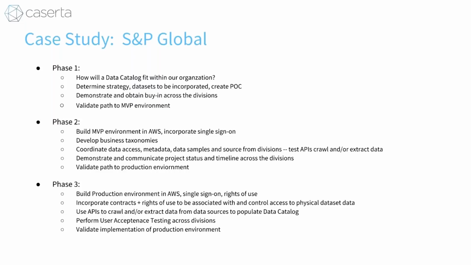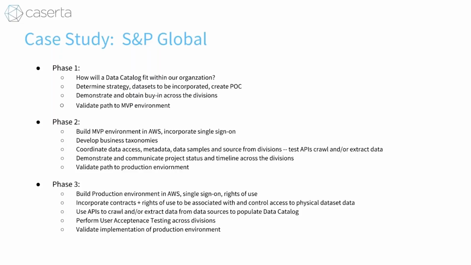So through the catalog, if they had physical access to the data, they had a button available that they could use to request that physical data to go down to a sandbox environment, basically an S3 bucket that user could then use as a data source with controlled rights of use, along with an expiration that was controlled back to the data catalog into the S3 bucket.